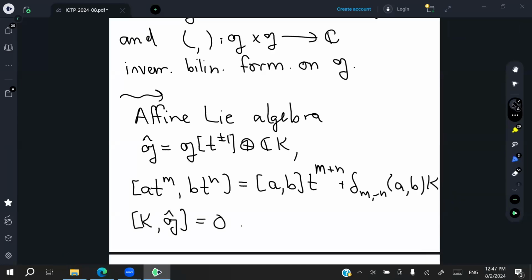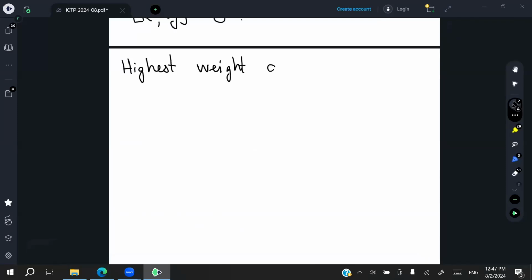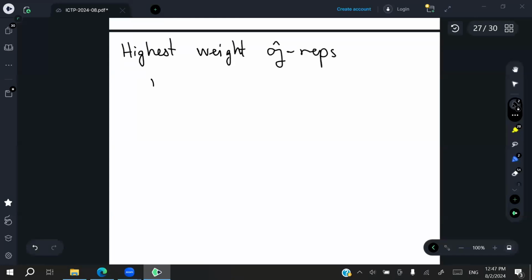And we have highest weight representations for this Lie algebra, like U of G.